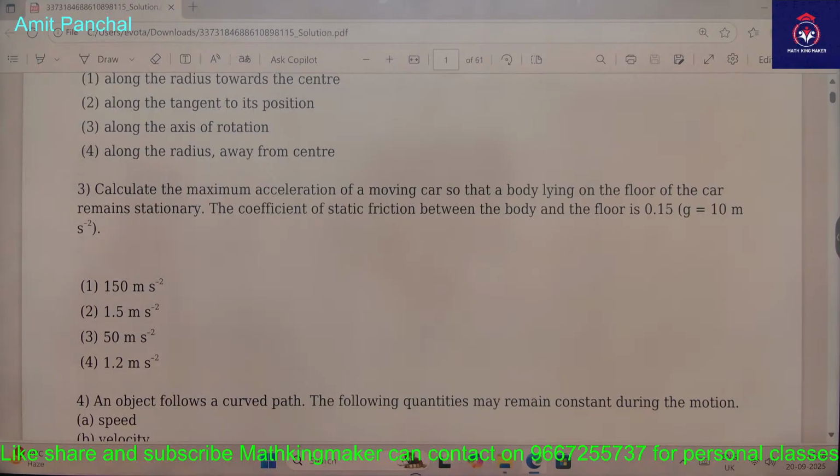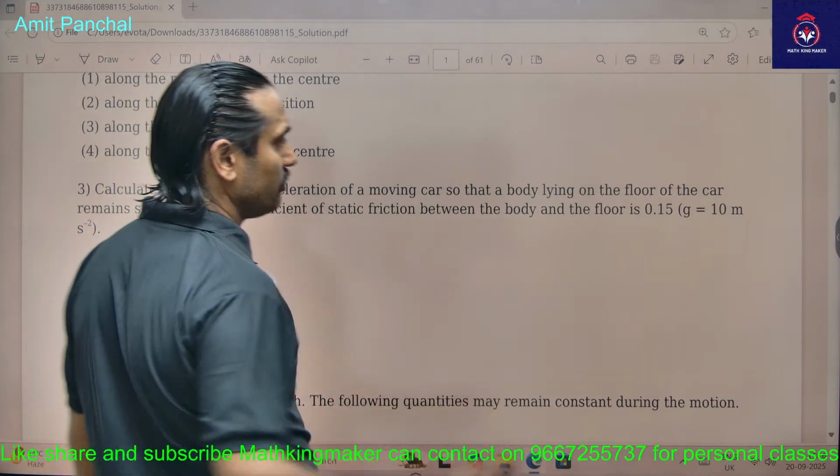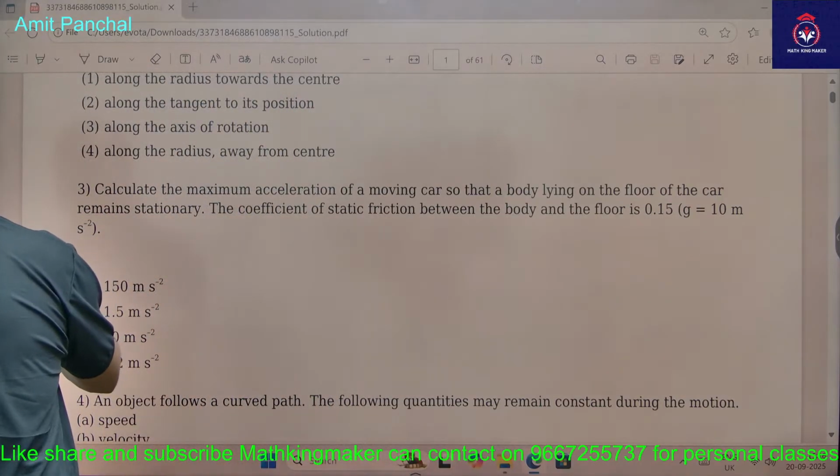The topic for the test was only circular motion, so the car is moving in a circle. Okay, so if the car is moving in circular motion, what happens in circular motion?